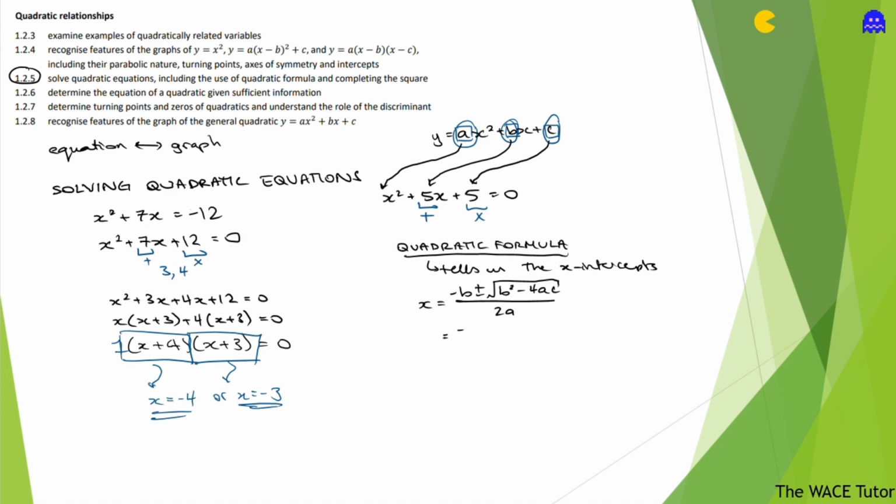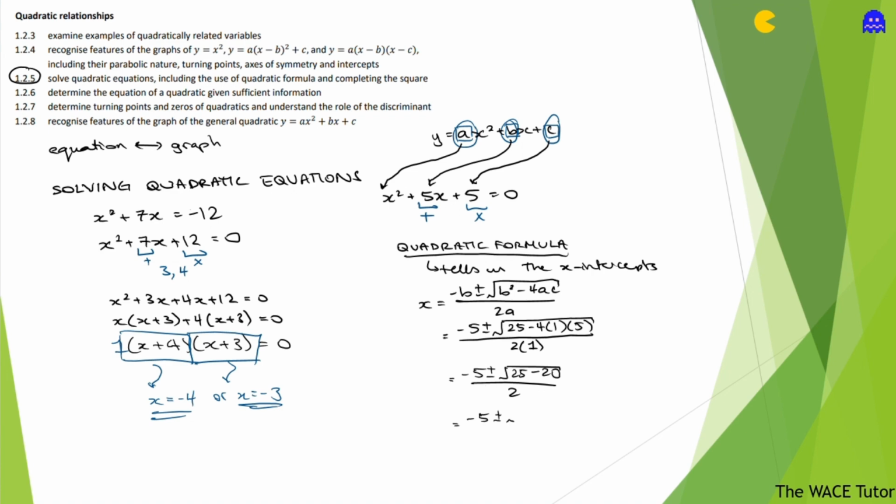So here we've got minus 5 plus or minus root of b squared, which is 5 squared, so 25, take 4 multiplied by 1 multiplied by 5, and we have that divided by 2 times 1. That will be equal to minus 5 plus or minus root 25 take 20, divided by 2.